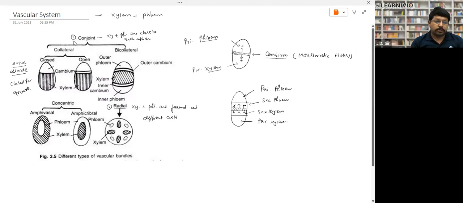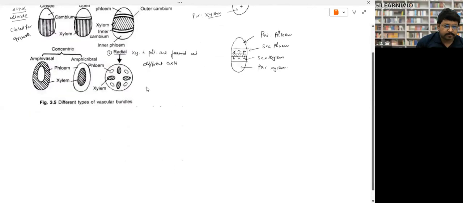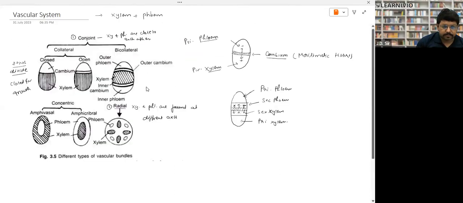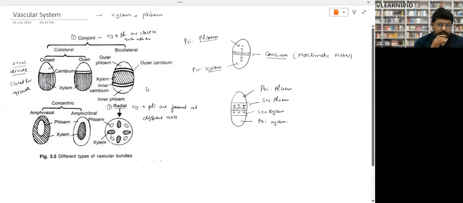Yes, note down these conjoint and radial. Look, note down this way. One second, sir. Could you scroll up? Okay, thank you. That's it. Done?